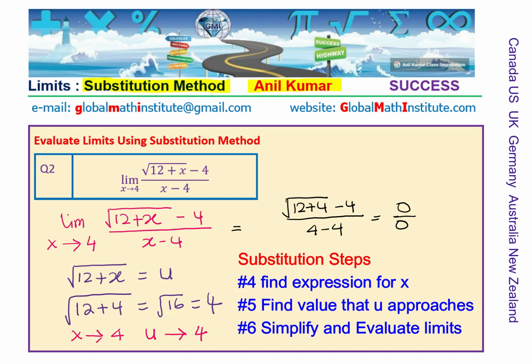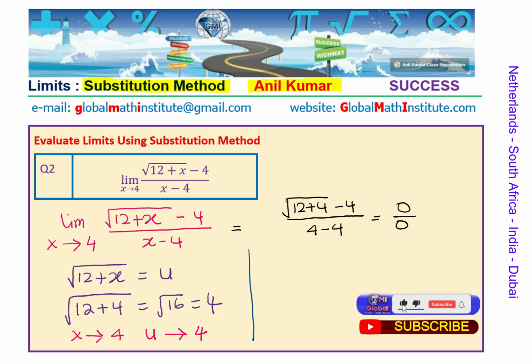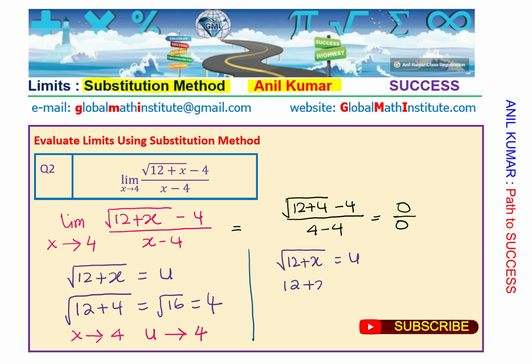Now, in the expression itself, if square root of 12 plus x is equal to u, what is x? So let's find that out also. The next step: we know that square root of 12 plus x is equal to u. Squaring both sides, 12 plus x is u square. And from here, we get x is equal to u square minus 12.